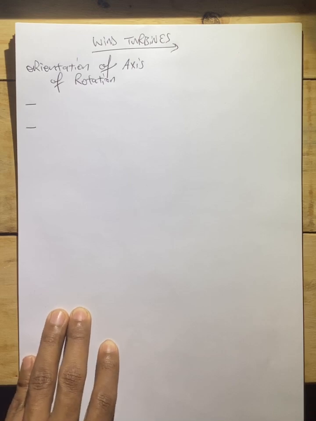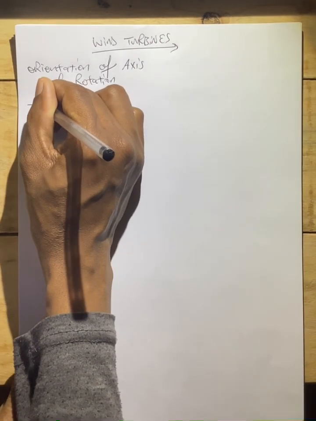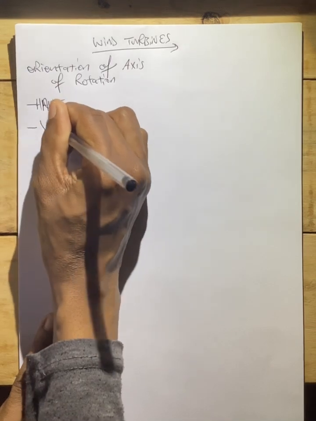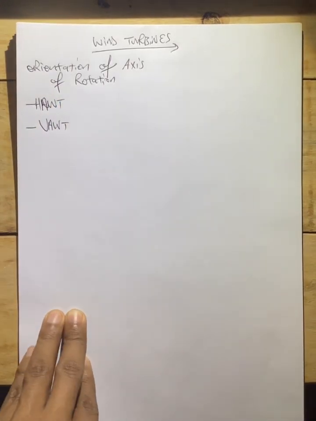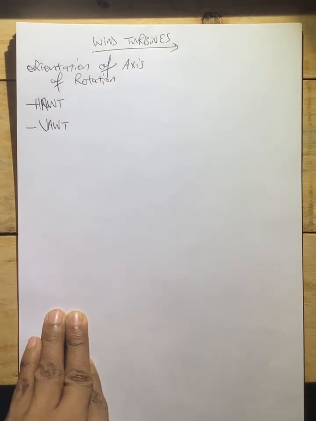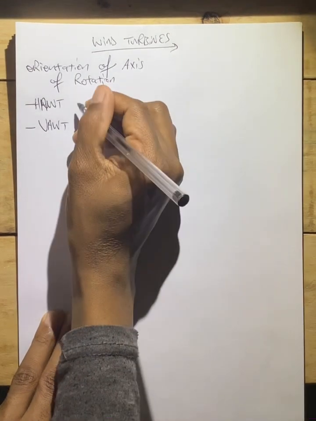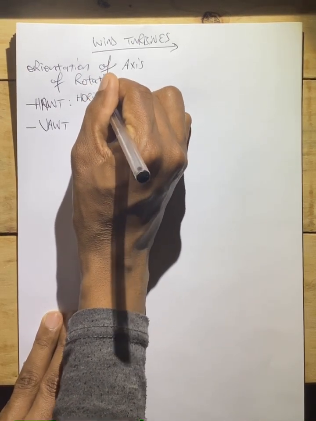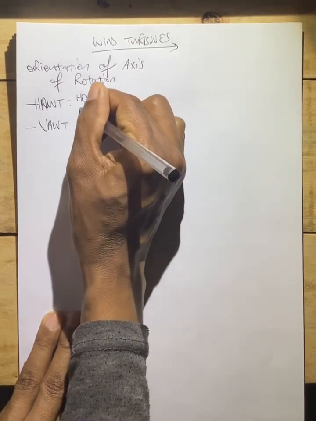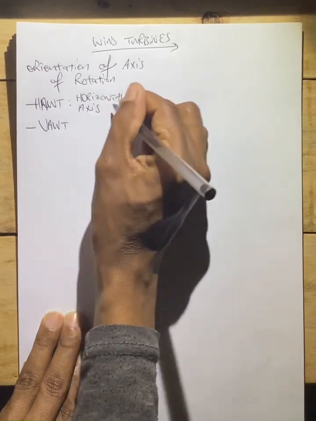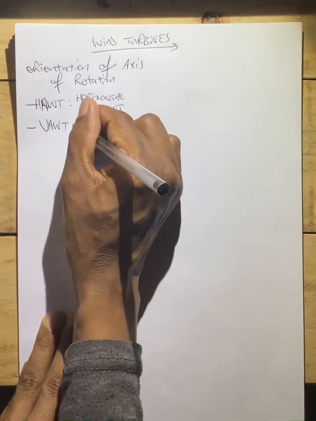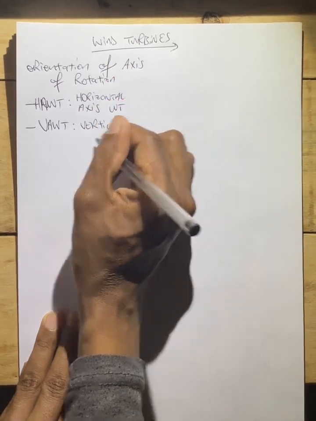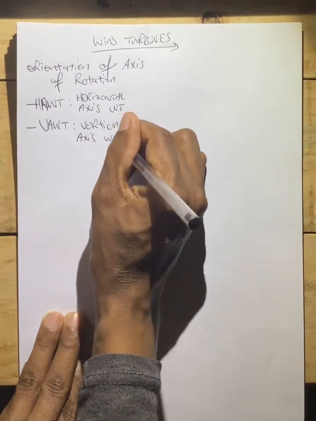Now what do we mean by these two? The first basically means horizontal axis wind turbine, and the second basically means vertical axis wind turbine.